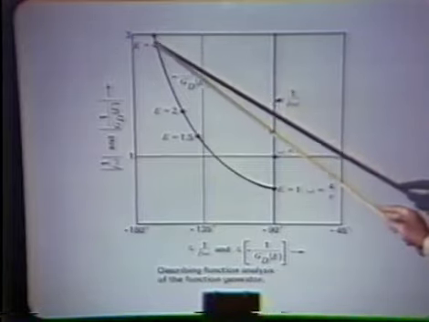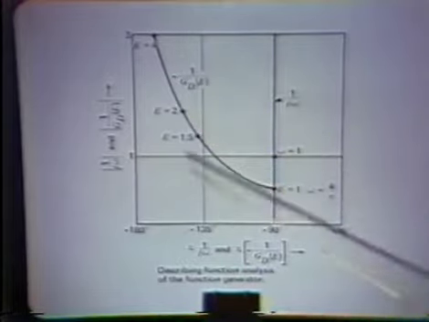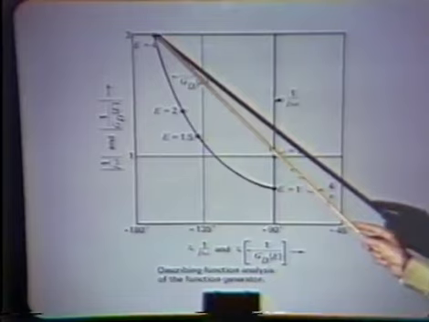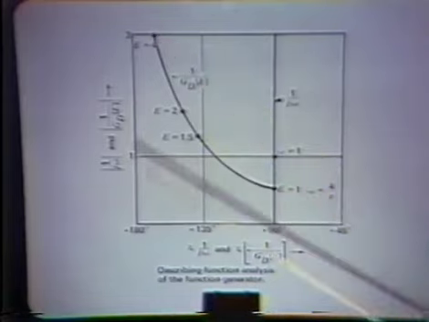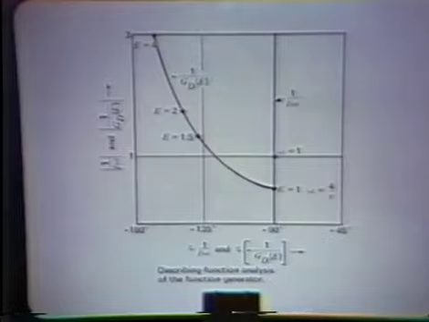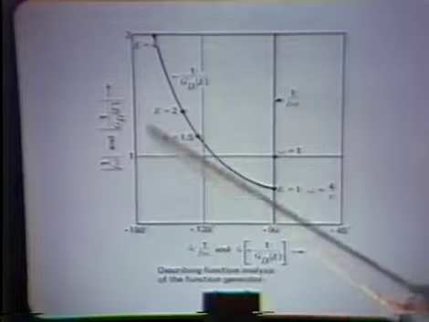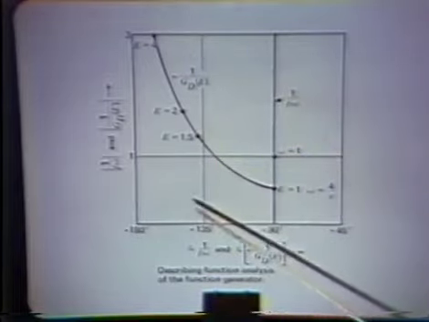Here's our minus 1 over g sub d of E. For very large values of E, we said that the phase shift associated with the element with hysteresis was very nearly 0 degrees. Consequently, minus 1 over g sub d of E would approach minus 180 degrees for very large values of E.